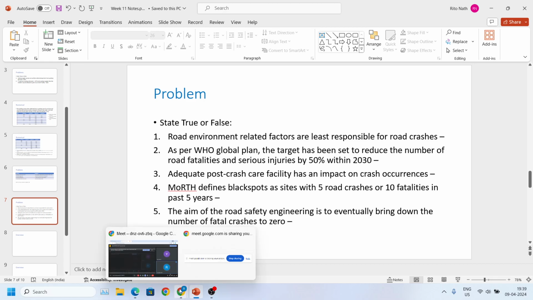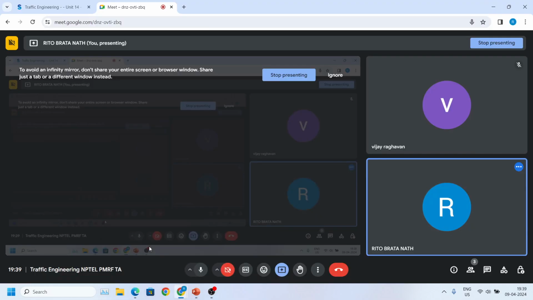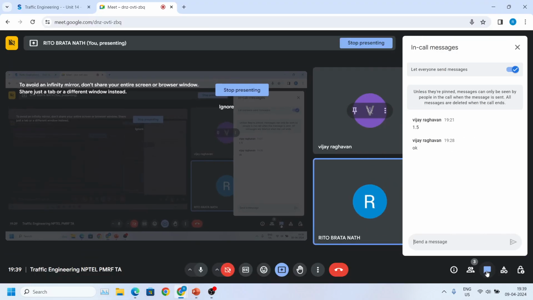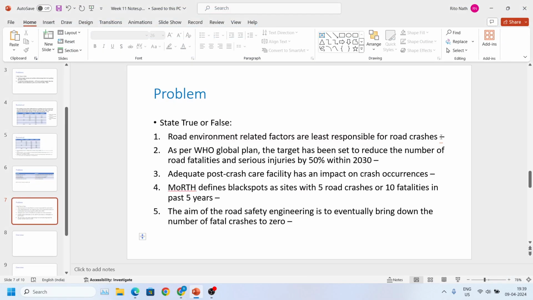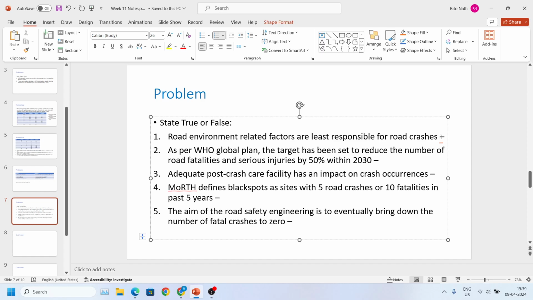Okay, so the answers. The first one is about road and environment related factors being least responsible for road crashes.